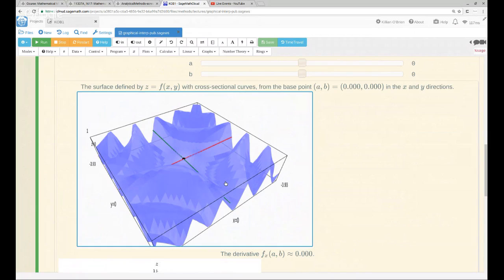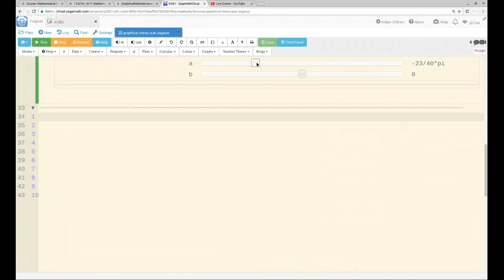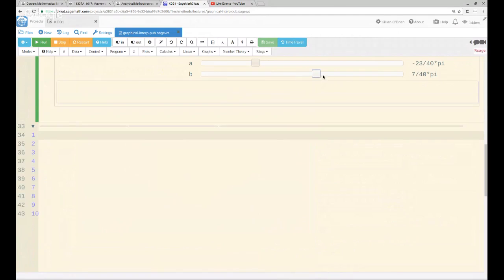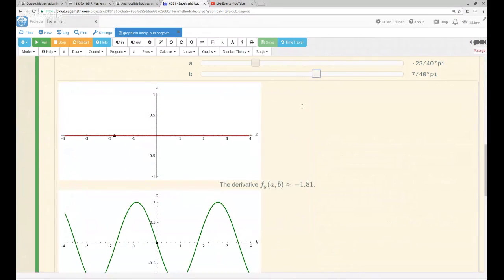And as you move away from the origin to other points in the plane, the function takes on various values and produces these wavy features on the surface. And if we change it to just 2 other arbitrary values of a and b, so I'm changing a and b a little bit.